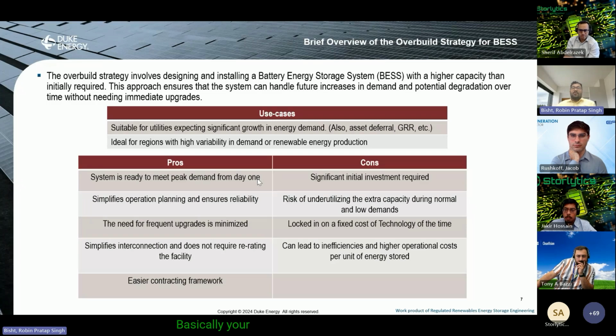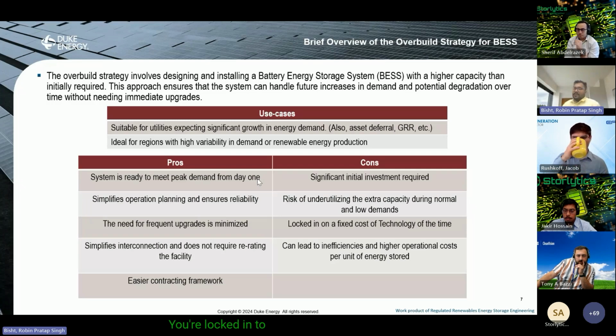Basically, you're overbuilding this battery project. It's installed at year zero, and during low demands, you're not using all the juice, all the megawatt hours that you've installed. So sometimes there are chances that you might not be utilizing your facility to the maximum potential.